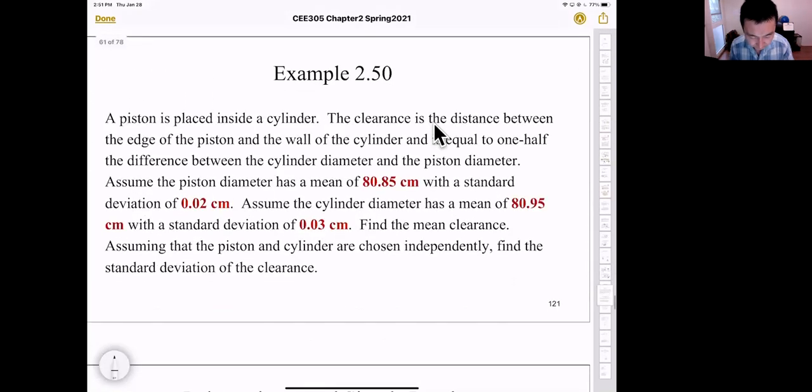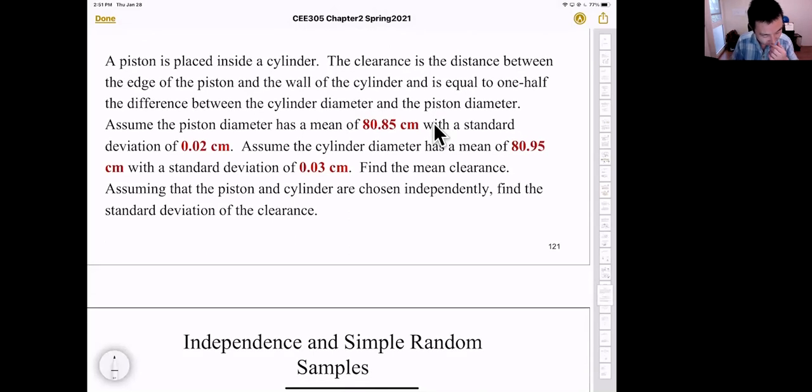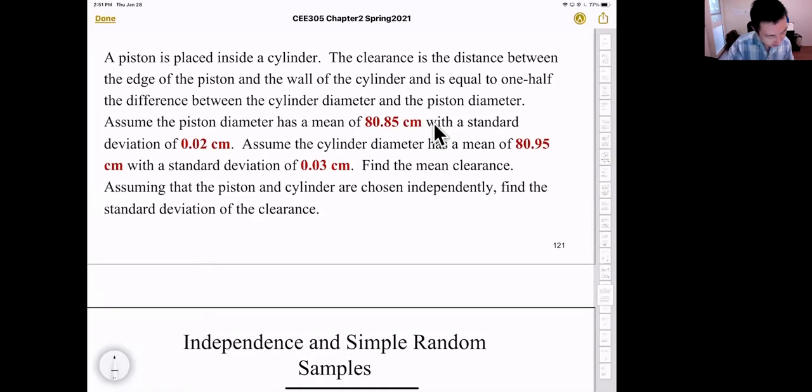Another example here. A piston is placed inside the cylinder. And clearance, so let's draw something here. The clearance is the distance between the edge of the piston and the wall of the cylinder, and is equal to 1/2 the difference between the cylinder diameter and the piston diameter.